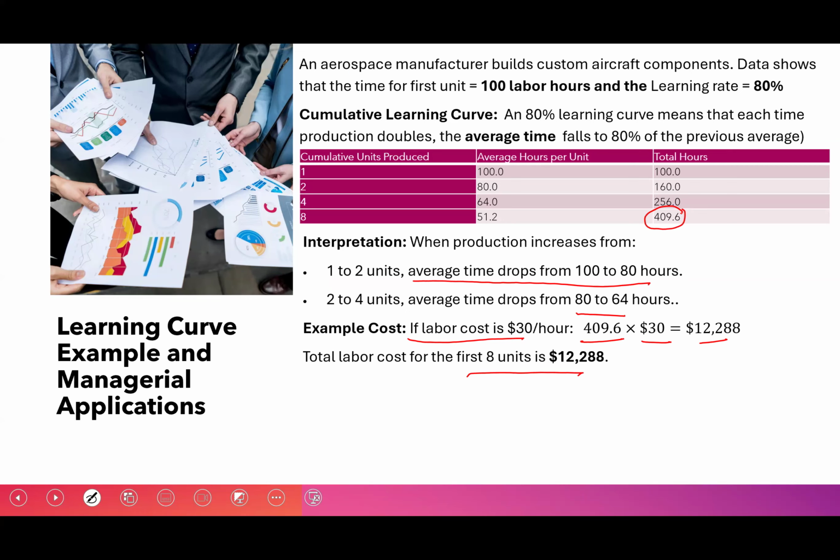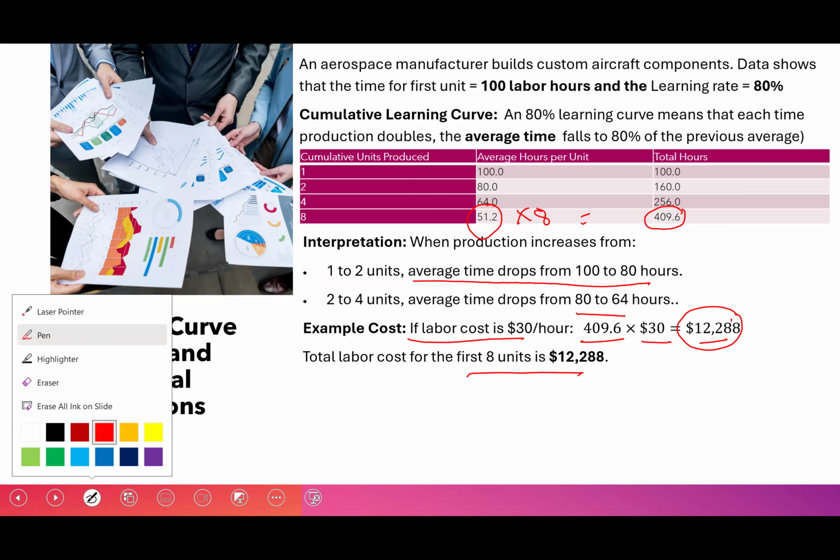How did I come up with 409? I said 51.2 multiplied by 8 because this is the average time taken by the 8th unit. All 8 units took 51.2 times 8. And how much did I pay them? I paid the number of hours taken multiplied by 30.